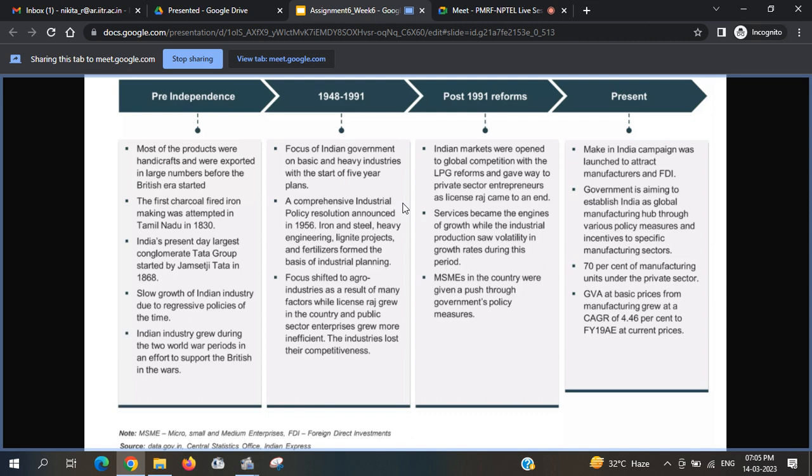Then comprehensive industrial policy resolution was announced in 1956, and iron, steel and heavy engineering and lignite projects, fertilizers formed the basis of industrial planning in India. After a while, focus slowly shifted to agro industries as well, as this was a result of many factors.